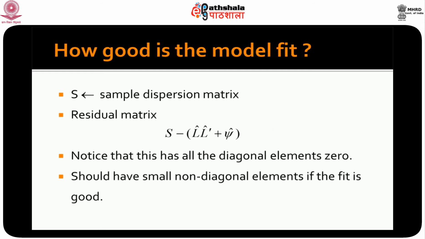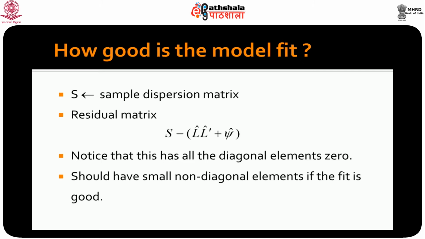Now, how good is the fit? Because we have made some approximation and we have left out some of the columns, that is the m minus p columns, how good is this approximation in this case? To look at that, what we look at basically is referred to as the residual matrix. Mind you, sigma would be estimated from the corresponding sample variance covariance matrix of x, which is S. So, starting with S, we get estimates of L and psi.